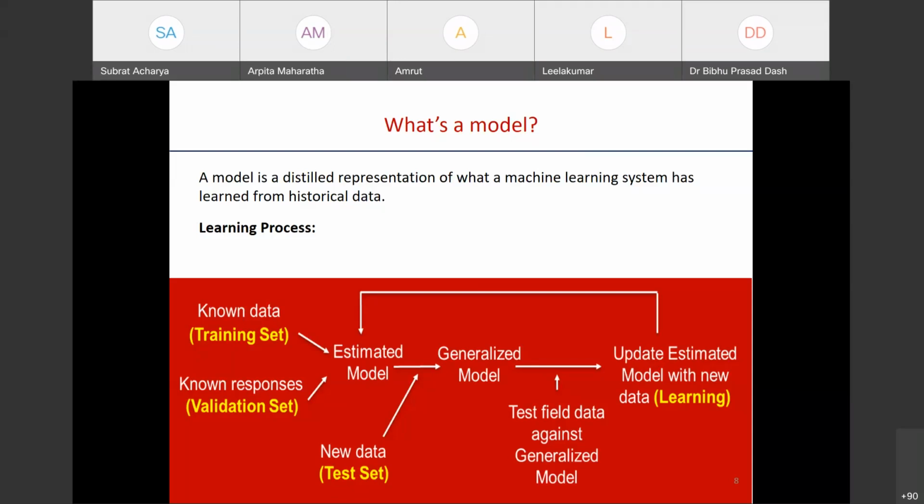And the new data, like the test data, is also one data set we have to take, and then we have to bring them to an estimated model, and then general analysis will be done, and then the test field data is the general model. That means the field data also we have to take into consideration while validating this, and then with this learning we have to update the model with the new data, so that the new data is also taken as feedback to our original training data and validation data. So this is only to showcase how the model is being built with different types of data.